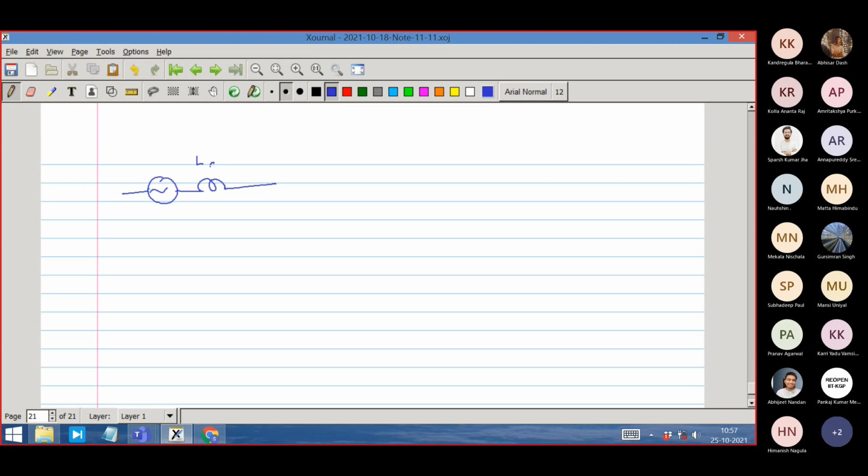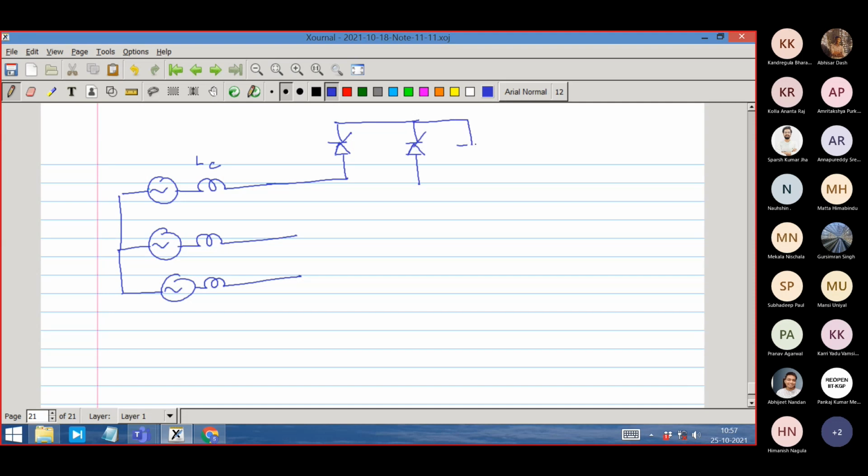This is Lc. Any source has this kind of inductance, and what is the consequence of that inductance on the rectified output voltage, we will learn in the next class. The first thing we will learn is how the rectified output voltage gets changed, in fact reduced, due to this commutating inductor. The quantitative expression for that we will derive in the next class.